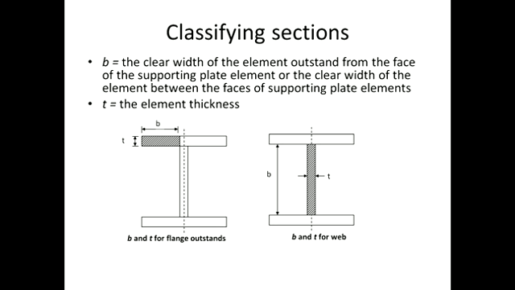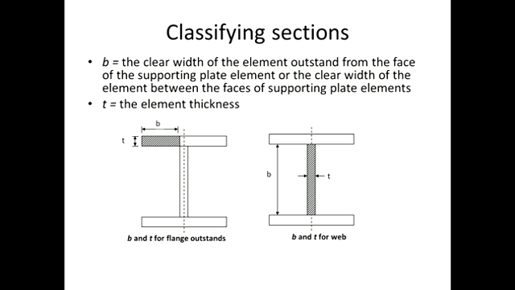So maybe one of the things that you might want to think of as well is that if you had a square hollow section, for example, or rectangular hollow section, how would you define the value of B for the flange and maybe B for the web?